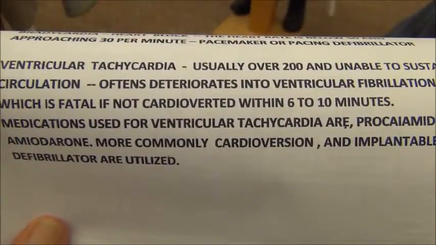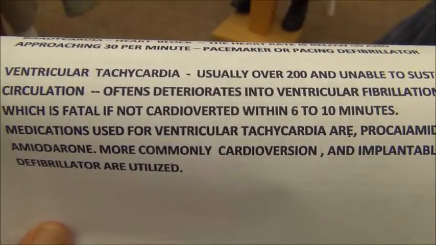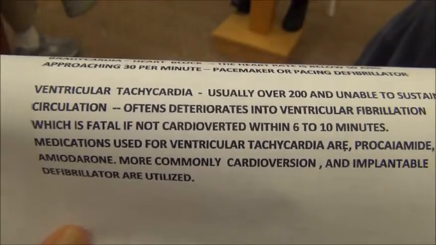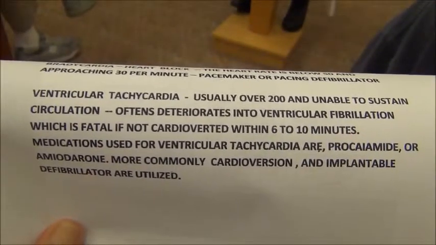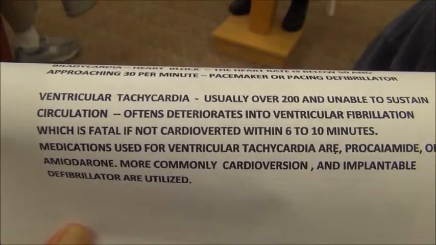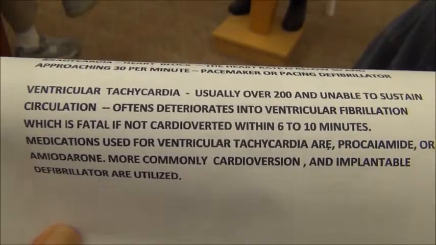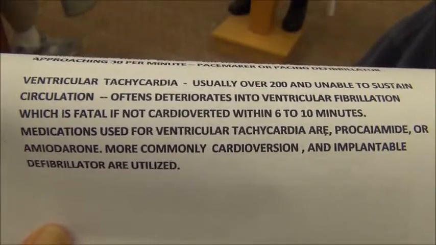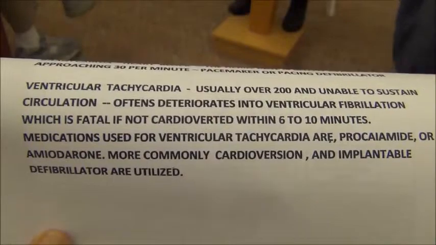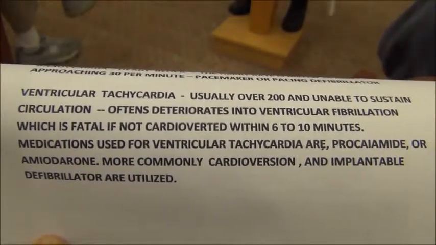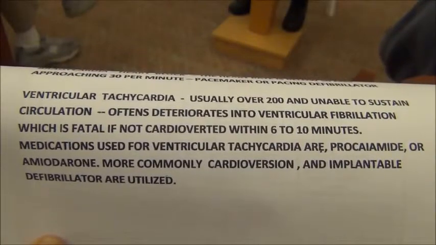A rate of 200 is not able to sustain the circulation because you can't get enough blood in the ventricle to supply the rest of the body when you're going at 200 beats a minute. And it often deteriorates into ventricular fibrillation, and when that happens, if you're not cardioverted within 6 to 10 minutes, you are no longer with us. And there are medications for that, and implantable defibrillators are also utilized.